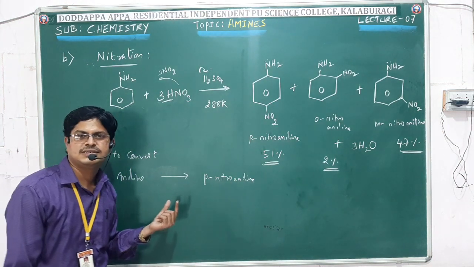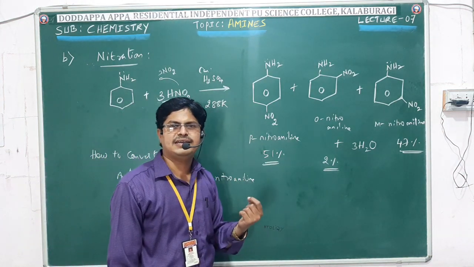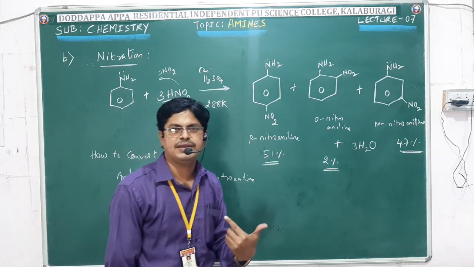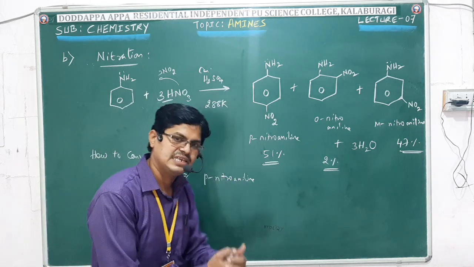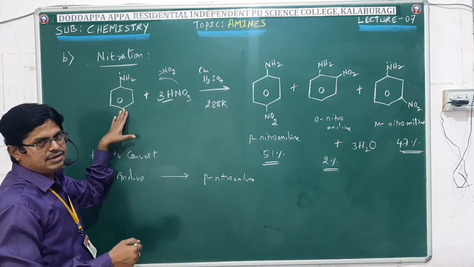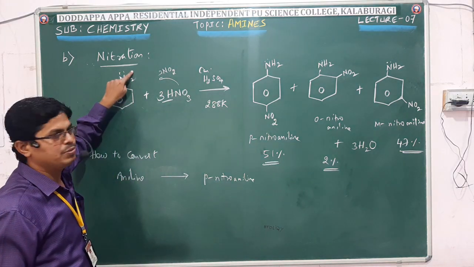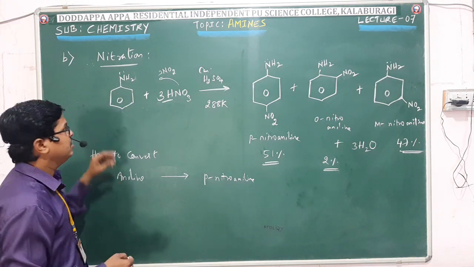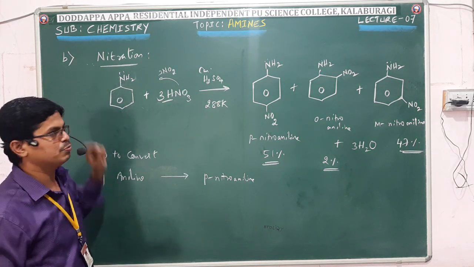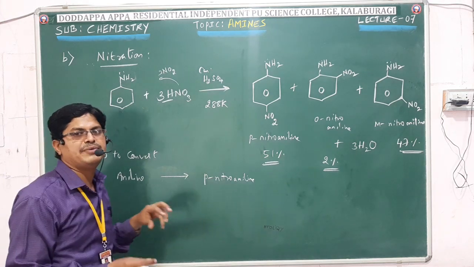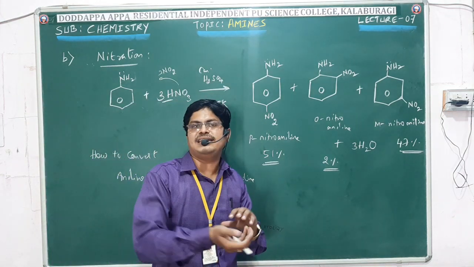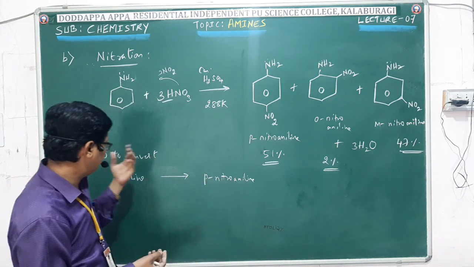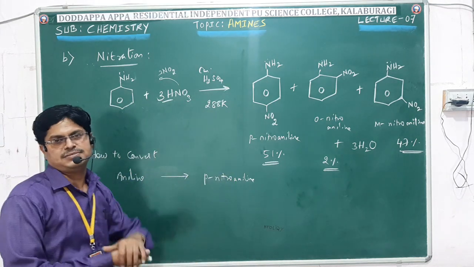Dear students, it is the same as how we did in the previous class. In the previous class, how did we prepare the monobromo derivative? Same here also. In aniline, the amine group is the activating group. It activates the ortho and para positions. That is why we need to inactivate the amine group. If we inactivate the amine group by acylation, then we may prepare para-nitroaniline at the last.